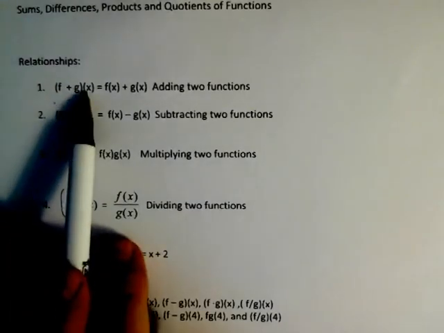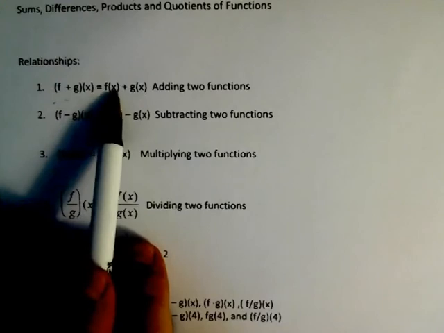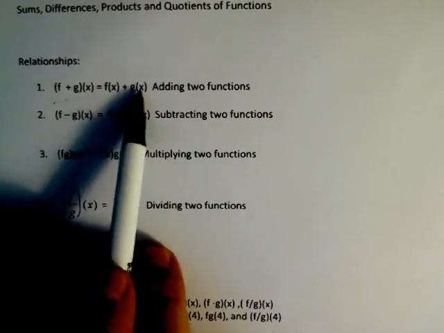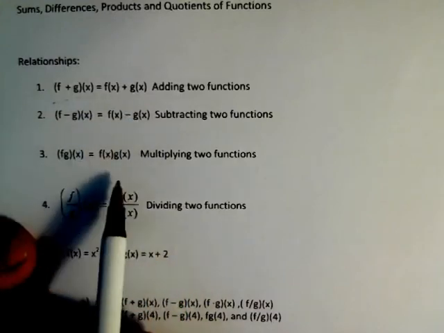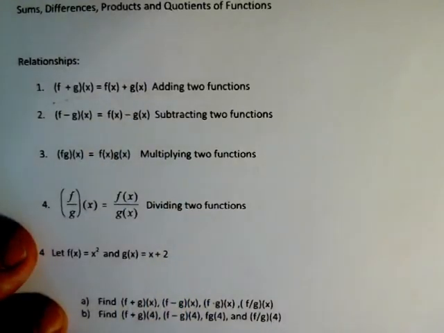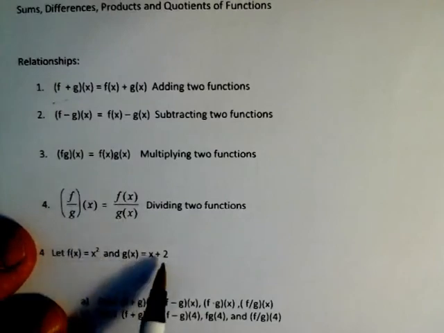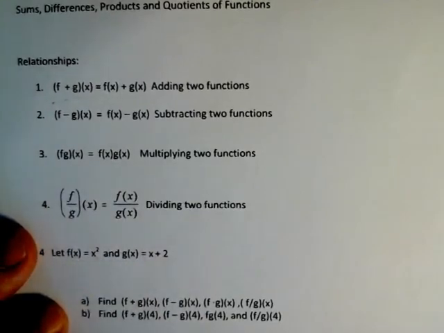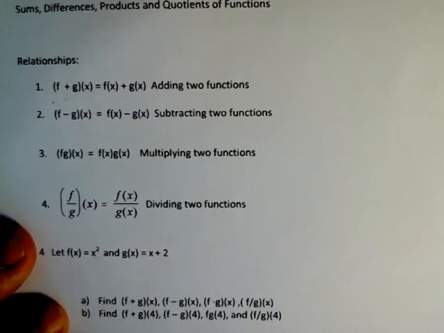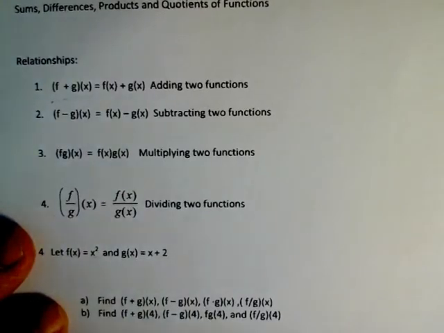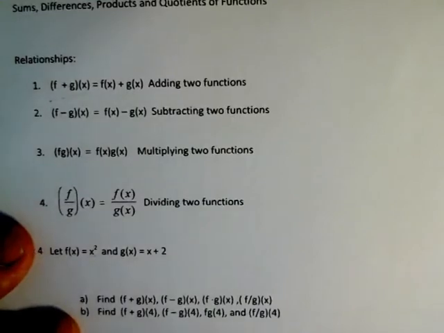If we're given a number here, that means we put the number in each function and then add them together, or subtract them or multiply them or divide them. So if you're not given a number, you just take the functions and add them together. Combine like terms if you can. If you're given a number, then you put the number in and evaluate it.